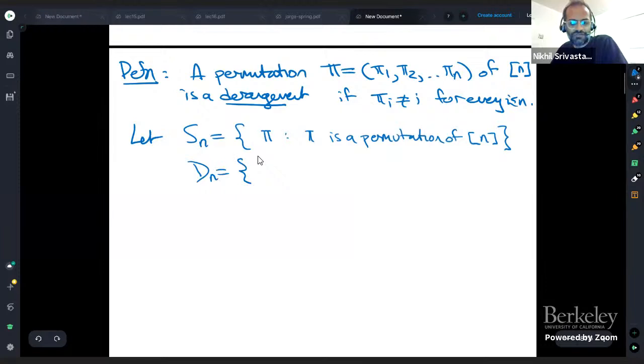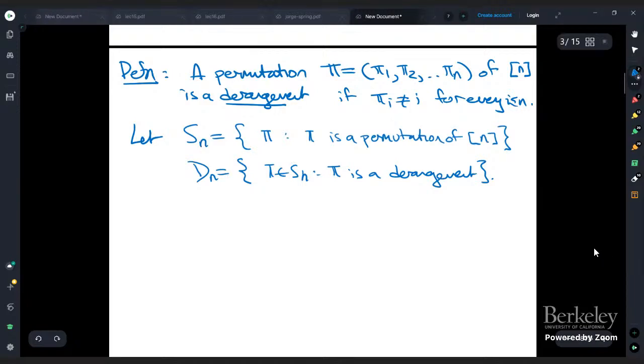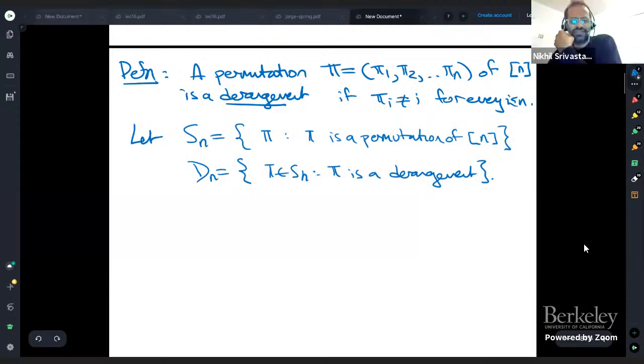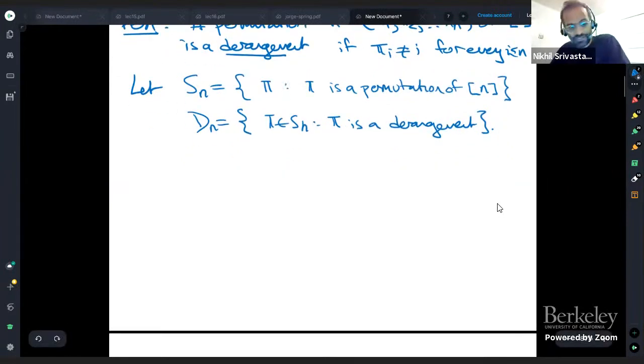So this is a subset of S_n, right? Now, before we do this, do you think derangements are common or do you think they're rare? Probably pretty rare. It looks like it's pretty rare, right? That nobody gets mapped to their own position. Okay, so let's see what the answer is.